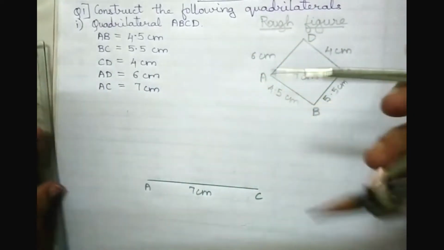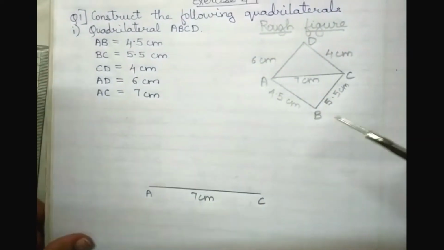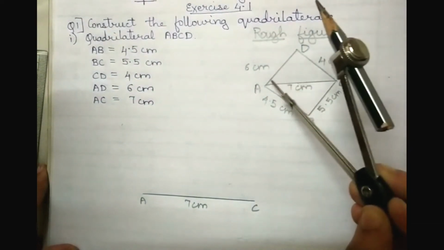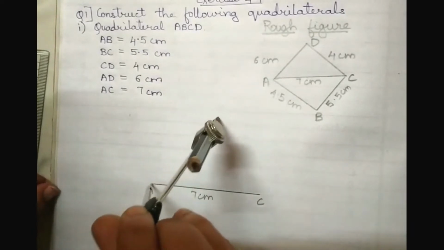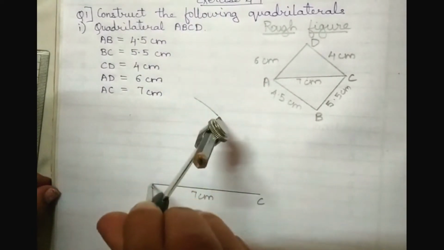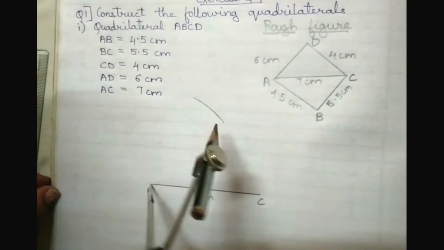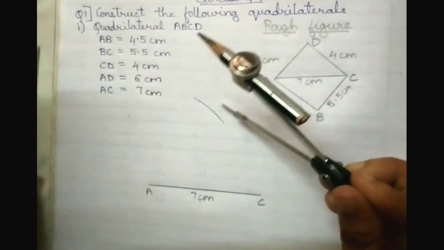Now your AD is 6 centimeter. So keep the compass pointer on point A and draw an arc here. So this will be 6 centimeter.